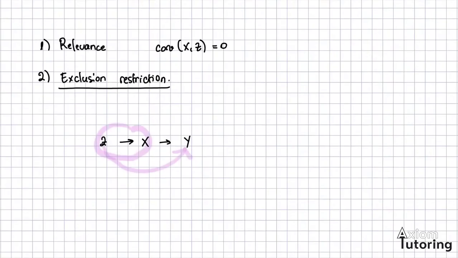Well, that would be a problem, right? Because that would mean that Z affects Y in 2 ways. It would be directly through its own channel or another channel that we didn't really account for, or indirectly through X.